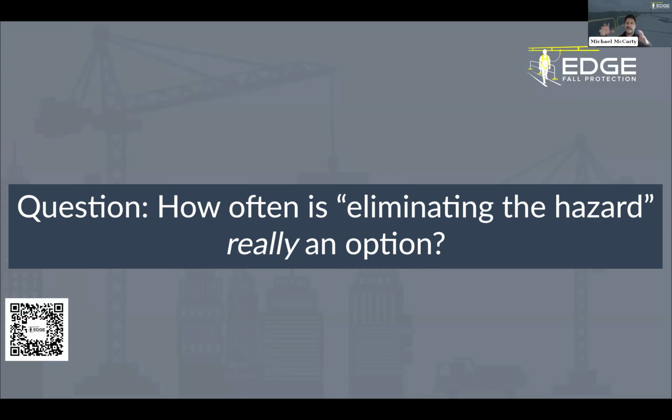Let's try to eliminate the components on the rooftop or things in this area so we can put it to ground floor. That's a great question, but mostly the challenge, especially in the construction industry, is we're just going to be dealing with what we're dealt, and most businesses just have to deal with what they've got, and that's going to be a lot less expensive than actually changing piping, changing structures.